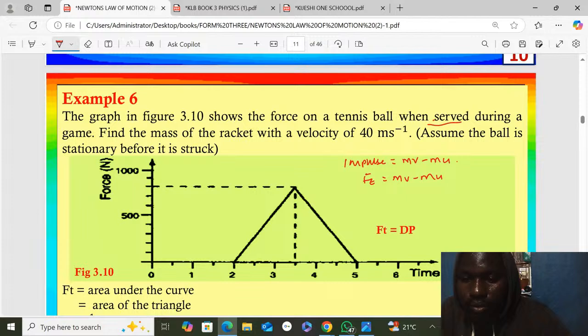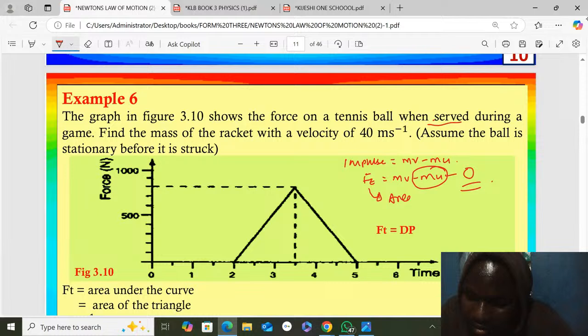But before serving, we expect the ball or the racket to be at zero velocity. Therefore, this part we ignore, and it is zero. So the impulse in this case will be the area under the curve.